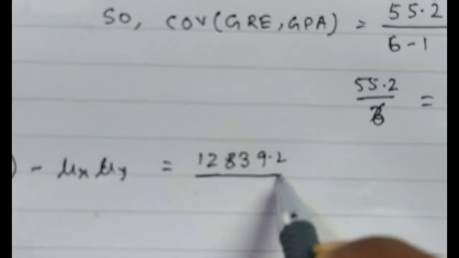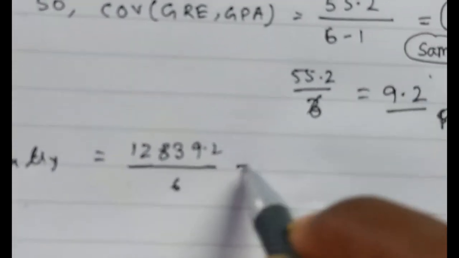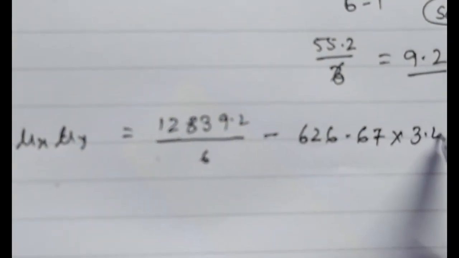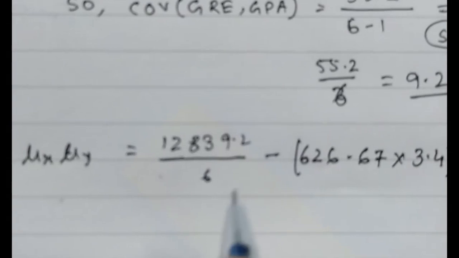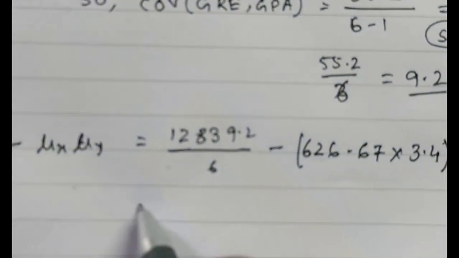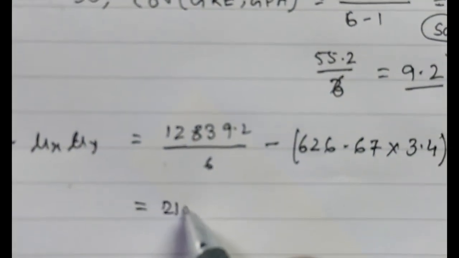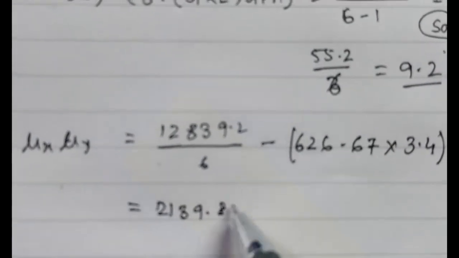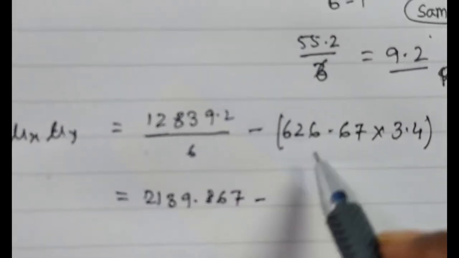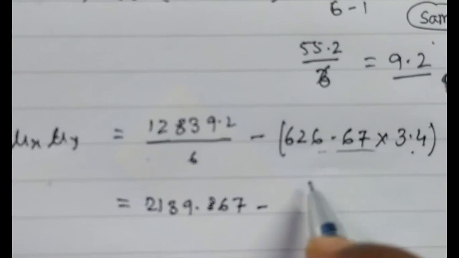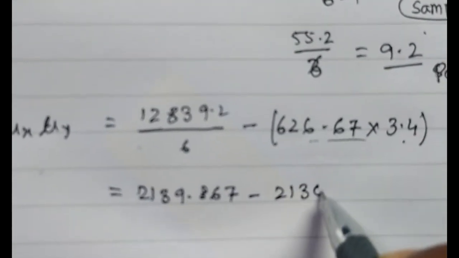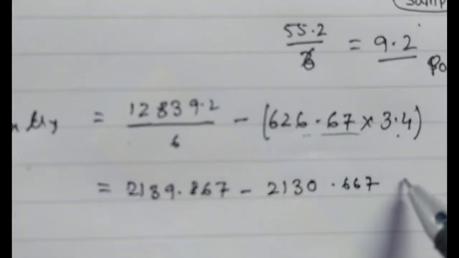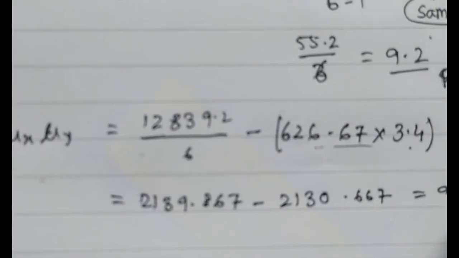So the summation E[XY] minus mu x into mu y will be equal to 12839.2 by 6 minus mu x into mu y, 626.67 into 3.4. And if you calculate this, it will be 2139.867 minus, 626.67 into 3.4 will be 2130.667, and we will eventually get 9.2.